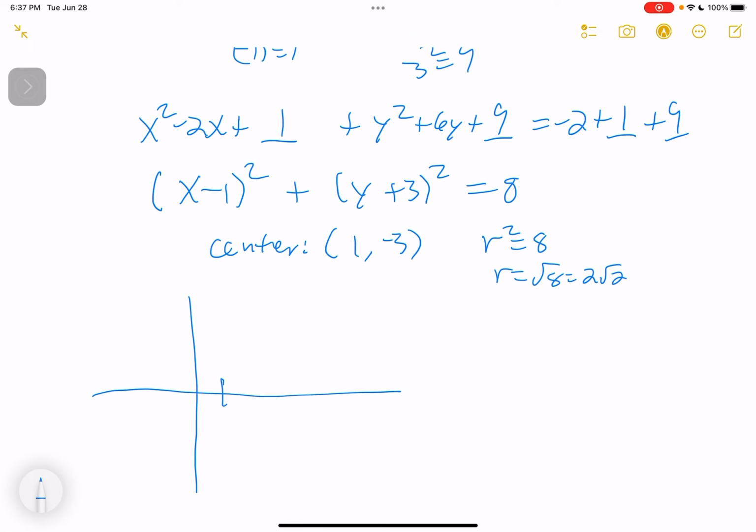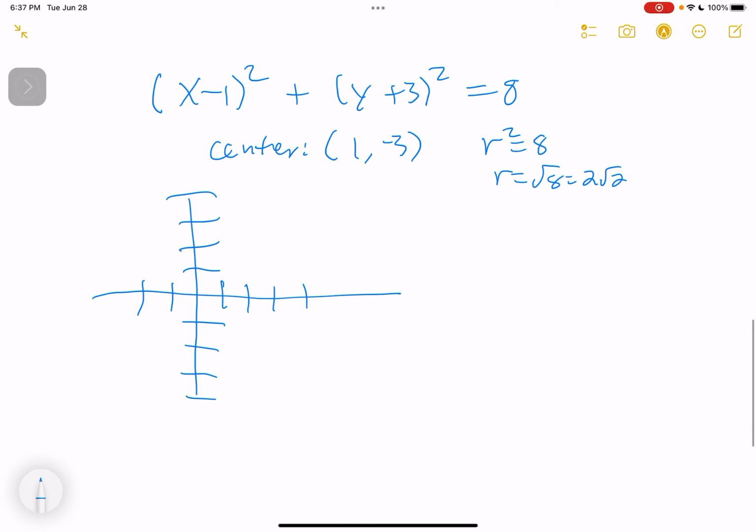we're at 1, negative 3. And then 2 root 2, like I said, that's like 2 times 1.41, so 2.82 as a rough estimate.